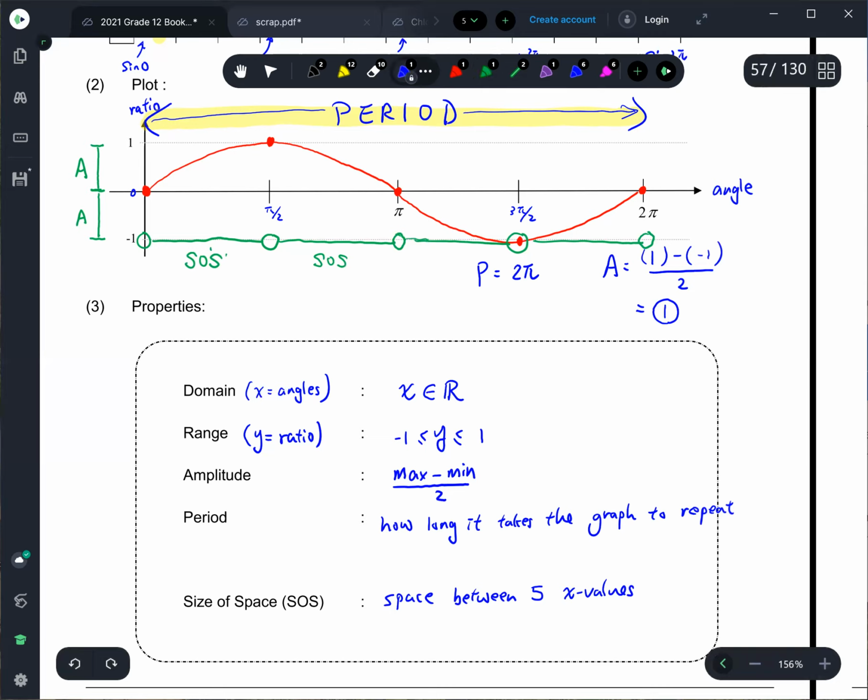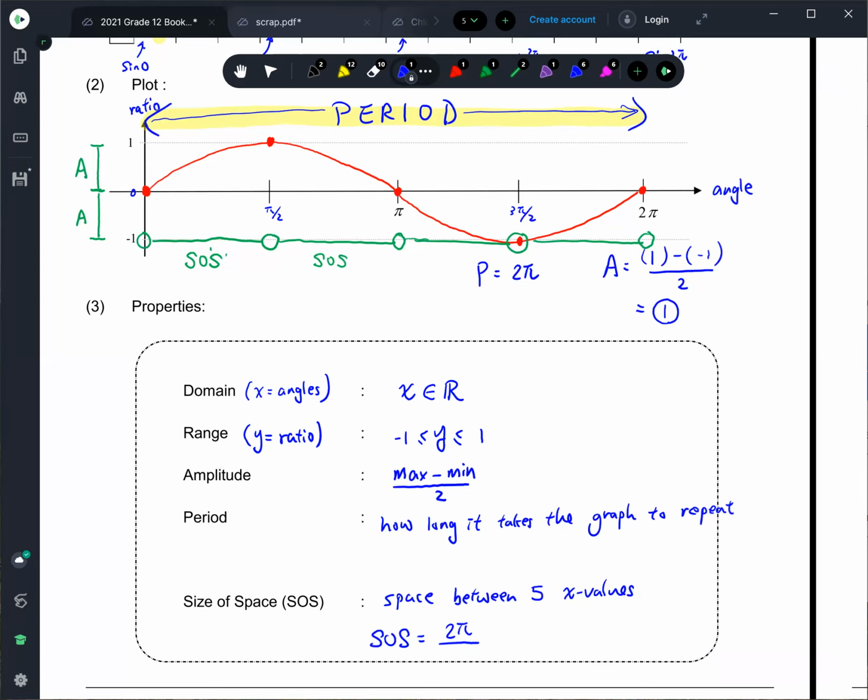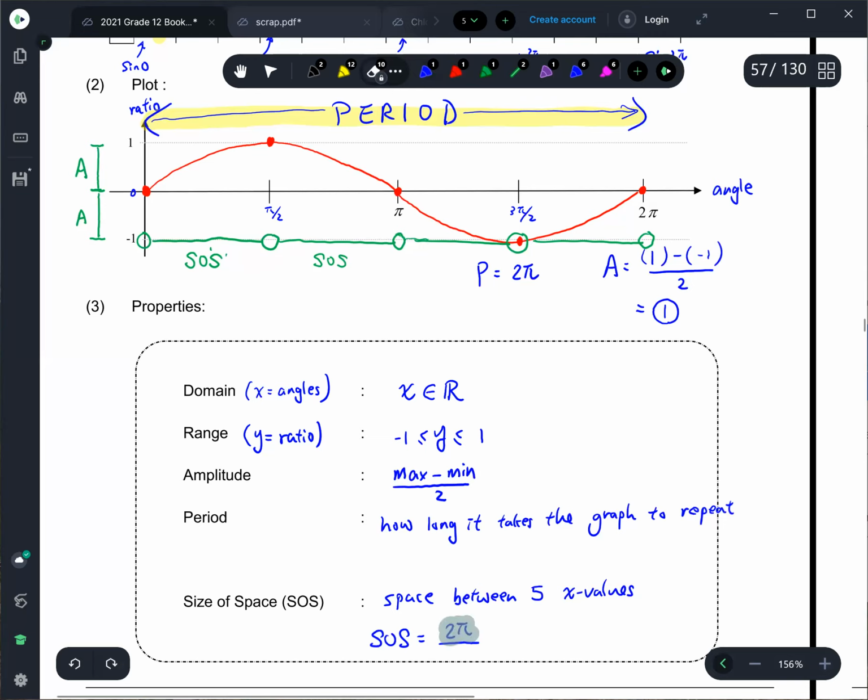So it's the same as taking the whole period. In this case, it is 2 pi divided by 4. Okay, well, we won't use 2 pi, we'll just write down period. You take the period divided by 4.